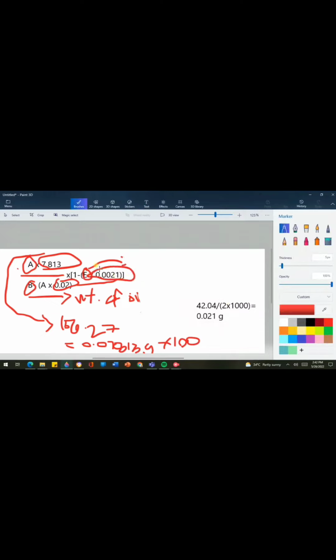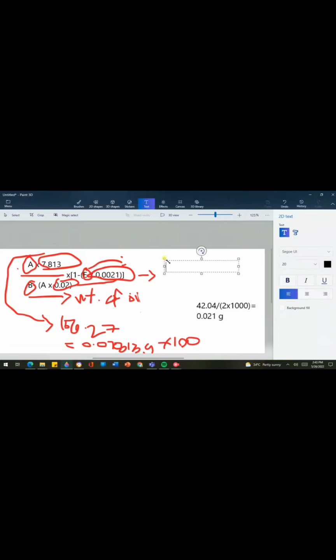So, yung 0.0021 naman ay nakuha sa ratio of weight of acetyl radical to that of methyl acetate. 42.04 over 198.31 is equals to 0.21. So, dun nakuha.